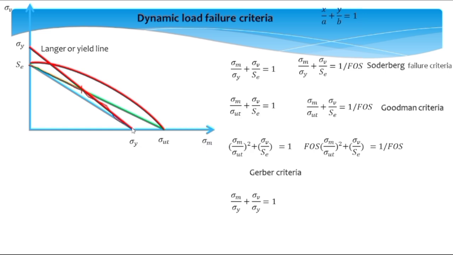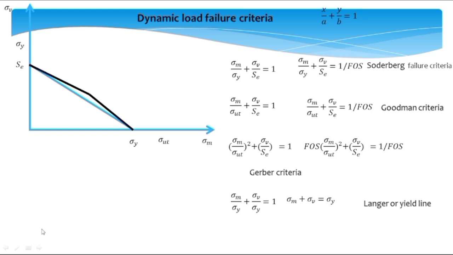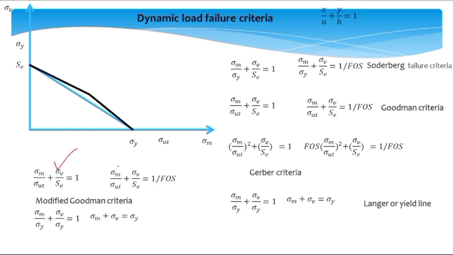This was the equation for the Langer line. So the black line shows modified Goodman criteria. He said that now the body will be safe under this region. So this is called modified Goodman criteria, and this can be used for this line, and these two equations which were for the Langer line can be used for this line.